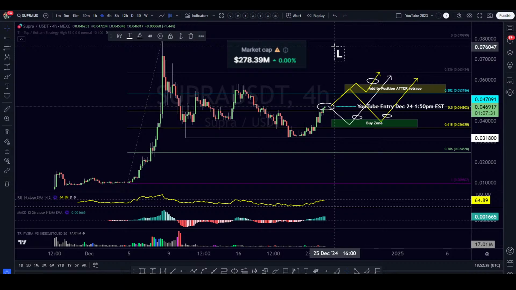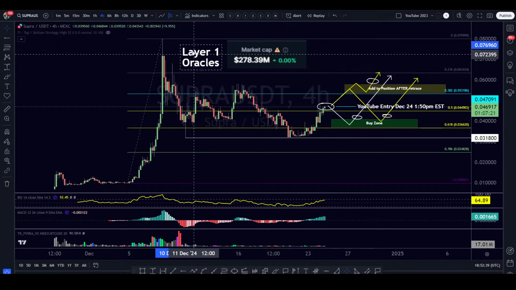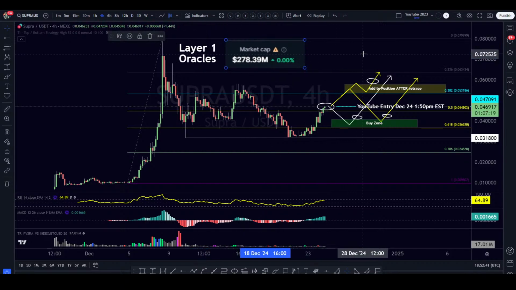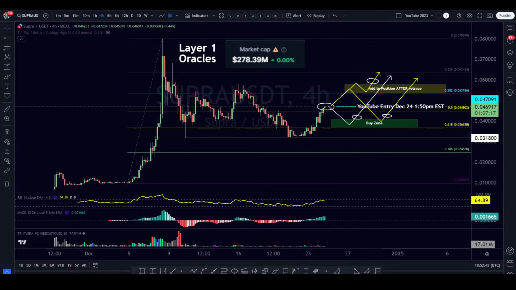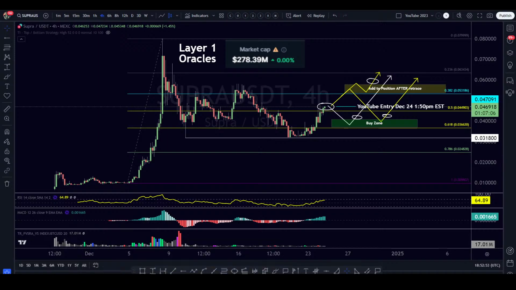I think it was a layer 1 and oracles. Okay, so let me know if that is correct. Also, it says, peace, friends, don't get wrecked. I hear that. Yes, layer 1. Okay, good. Thank you.